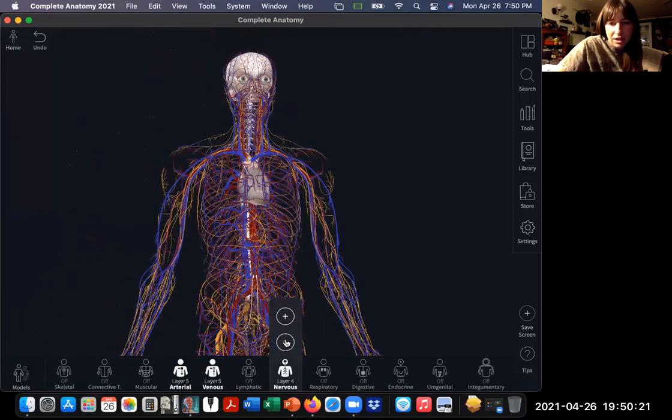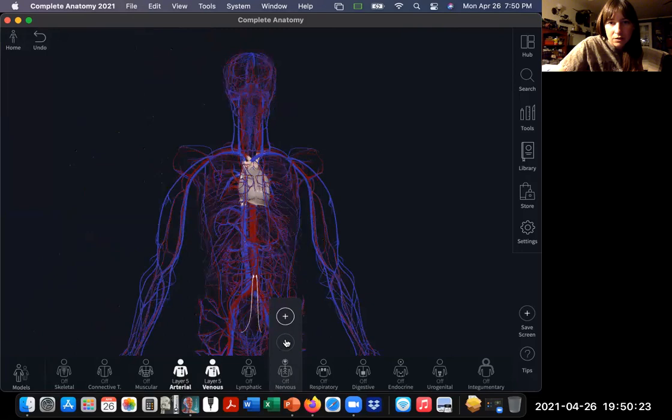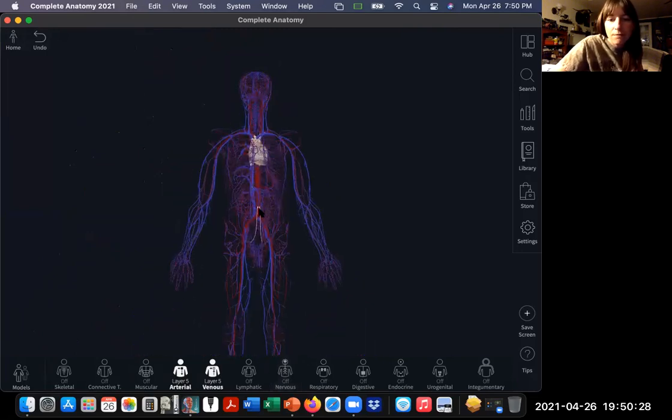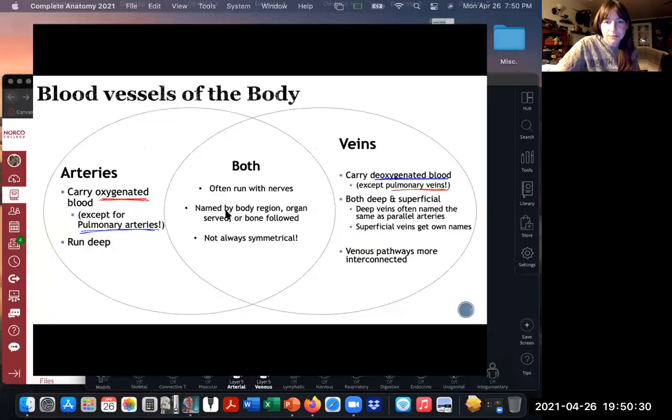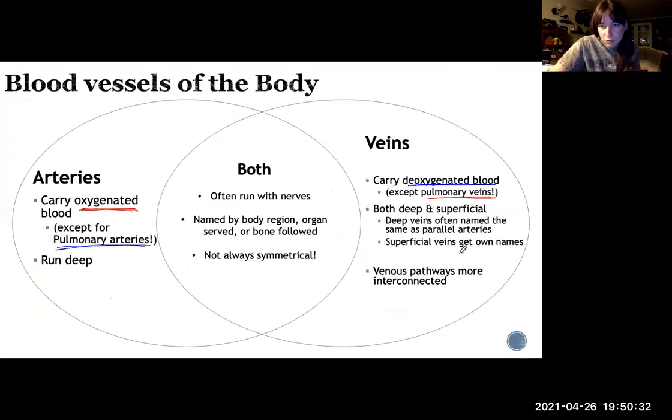Okay, I'm gonna take off the nervous system, one, because it's creepy, and two, because we're not talking about it right now. All right. Your superficial veins get their own names, which is annoying, but we're not learning a lot of those right now, so don't worry about it too much. Your venous pathways are also more interconnected.